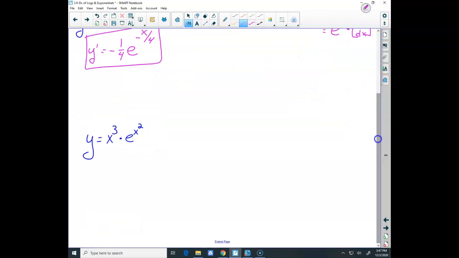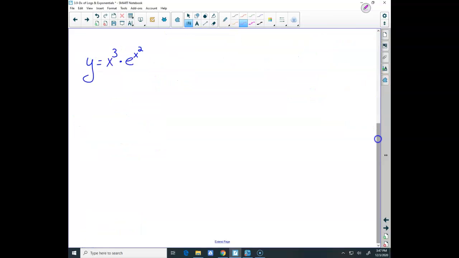And I threw one more on here just for a quick little product rule. Neither one of these is on your note sheet if you're looking for it. So I'm going to think of this as my u times v for my product rule, and remember what I'm looking for: the derivative of the first times the second plus the derivative of the second times the first, okay?